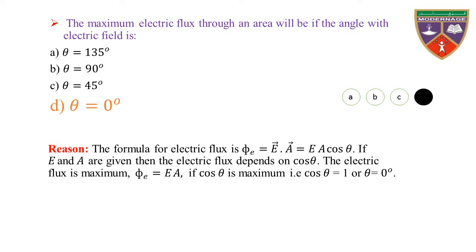The formula for electric flux is phi equal to E dot A equal to EA cos theta. If E and A are given, then the electric flux depends on cos theta.